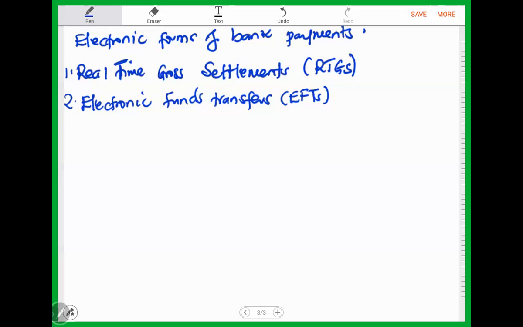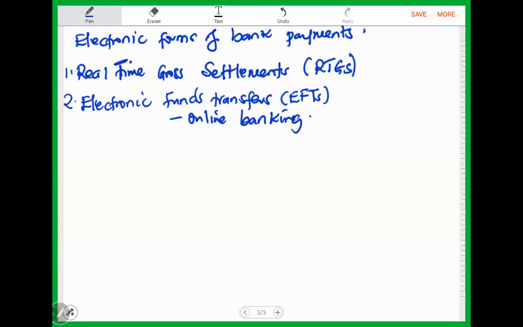EFTs can be processed through different channels, including online banking. Those of you who do online banking know this. For example, whenever we are making payments as our professional business school, we use online banking. There is no need for me to go and interact with the teller.